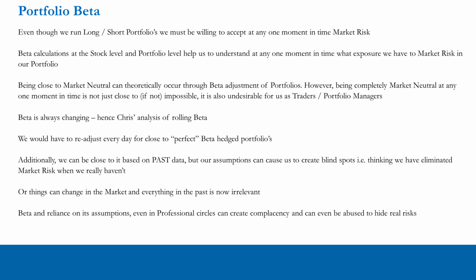So we must be aware of it, and we must use the processes to calculate our beta adjusted risk in stock portfolios. But we must also be aware of its drawbacks and its flaws, and we must be intellectually honest with ourselves that we are calculating accurately.